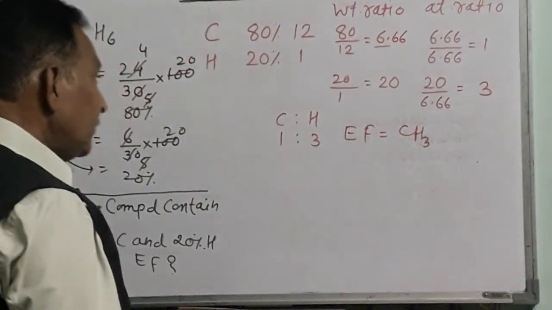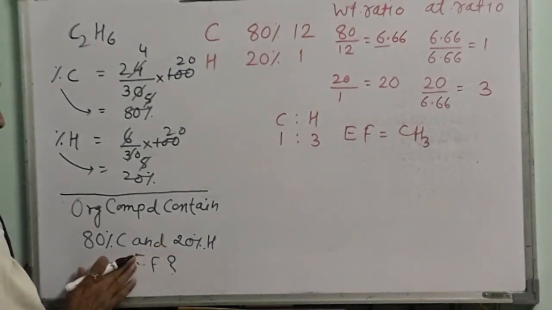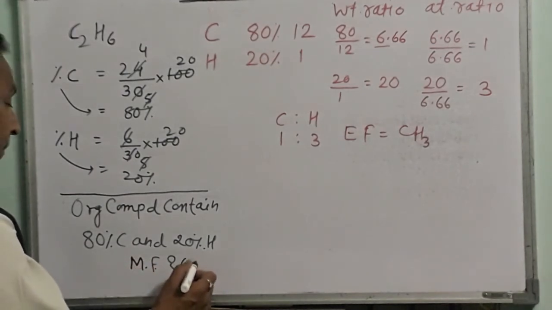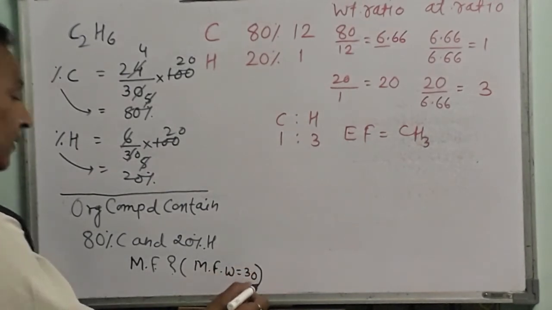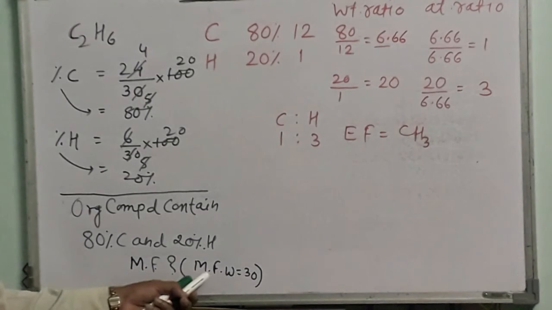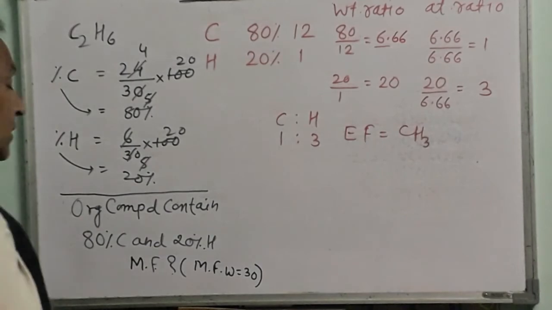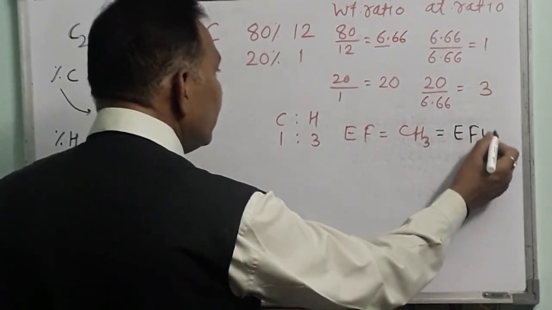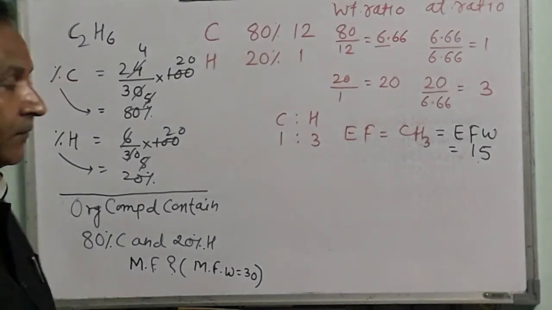Now if he gives you the molecular formula weight of the compound, you can also find out the molecular formula. Instead of the empirical formula, he may ask you to calculate the molecular formula if the molecular formula weight is equal to 30. So now from this CH3 we can calculate the empirical formula weight, and that comes out to be 15, carbon 12 plus 3 hydrogen, 15.